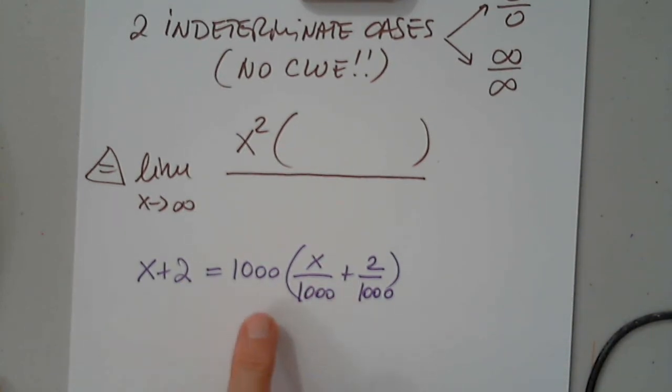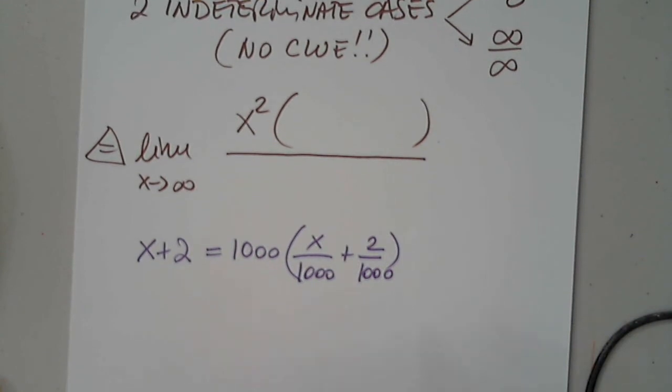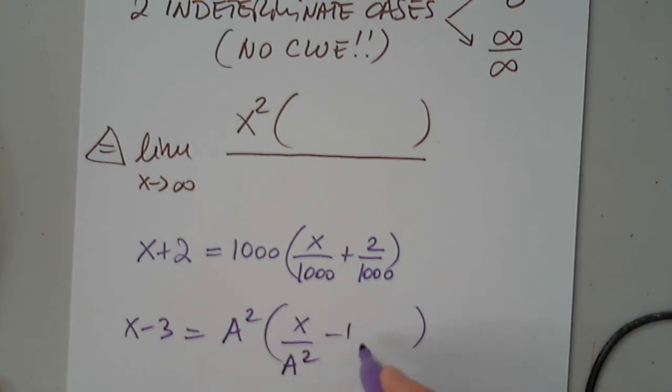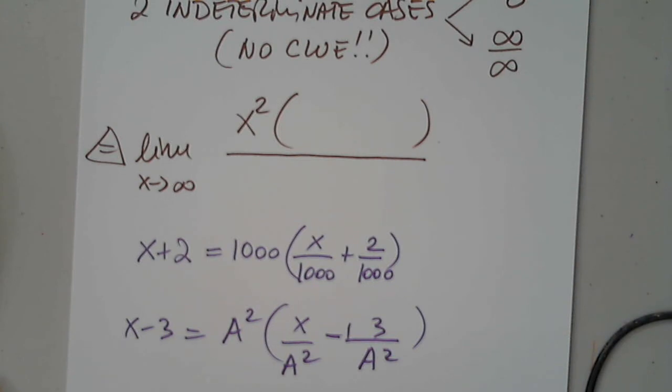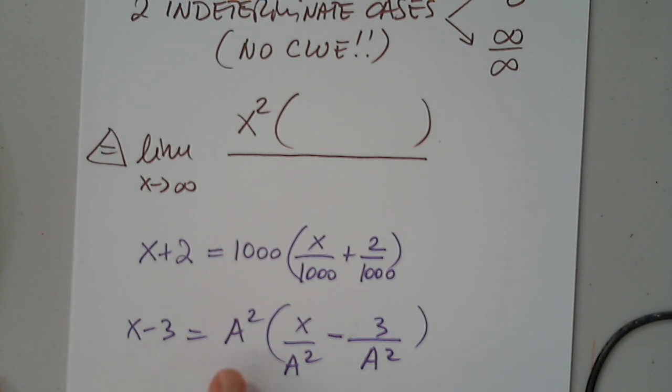This times this is x, this times this is 2. From, I don't know, x minus 3, can I factor out a squared? Oh, yes, of course. As long as I have x over a squared and minus 3 over a squared. Yes, I can factor out anything I please, as long as the quantity in parentheses makes it right. A squared times x over a squared is x. A squared times negative 3 over a squared is negative 3.